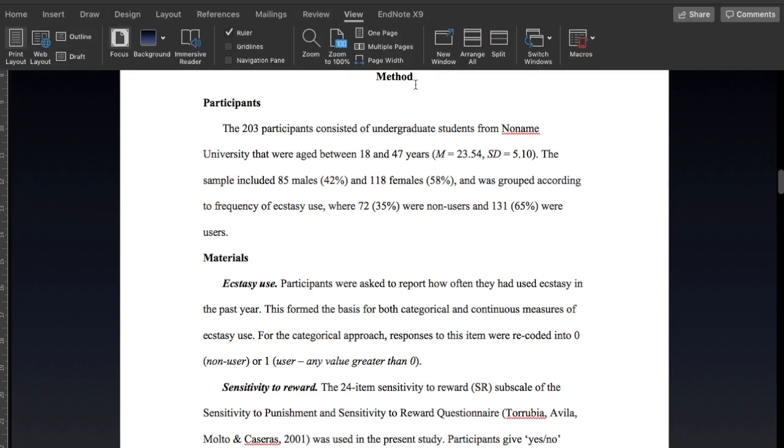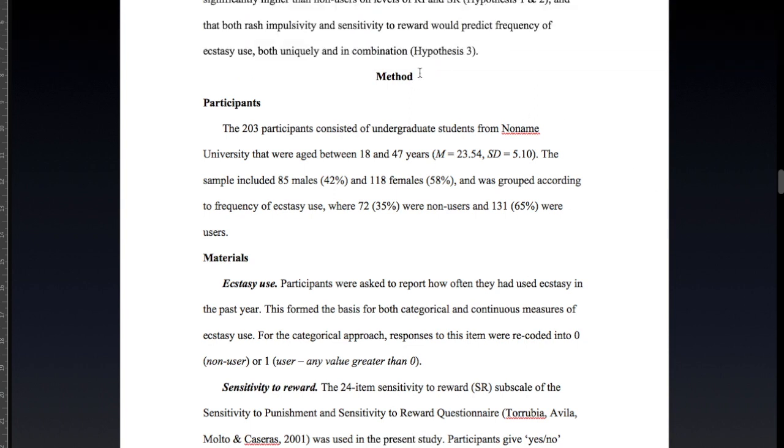So then this is the method section. You'll see here there's different types of headings. So there's the method section, the participants, and then there's a different type of heading here under materials, which is the sort of surveys that we used. So the method section is an example of, is that a level 1 or level 2 heading? I can't remember.